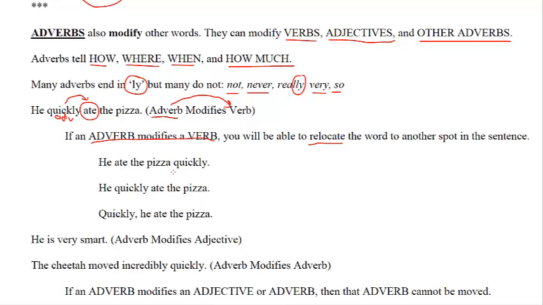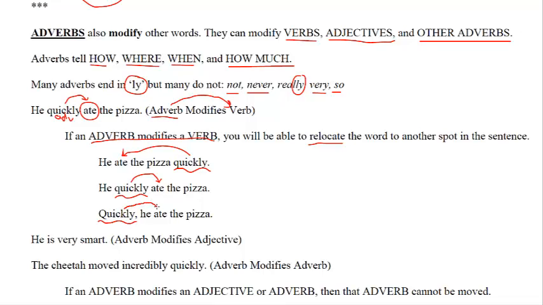He ate the pizza quickly. That makes sense. Quickly modifies ate. It's just over there in the sentence. He quickly ate the pizza. Now I've just moved the adverb over here in front of the verb, and it still sounds okay. Let's look at this third example. Quickly, he ate the pizza.